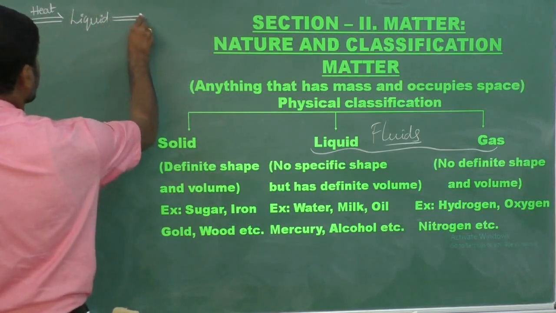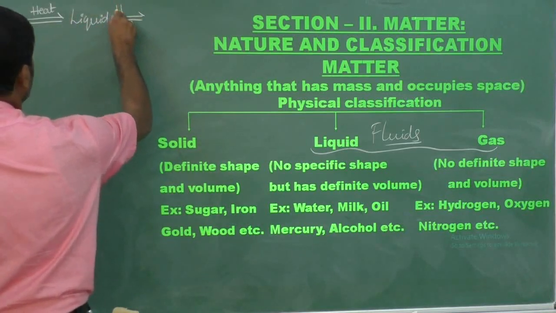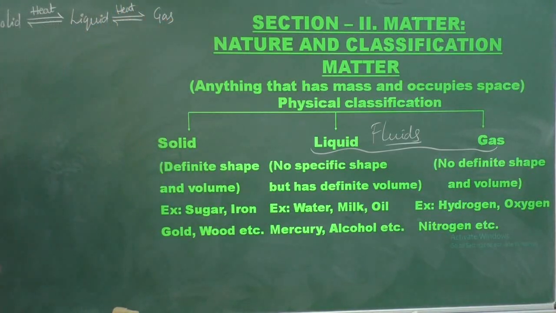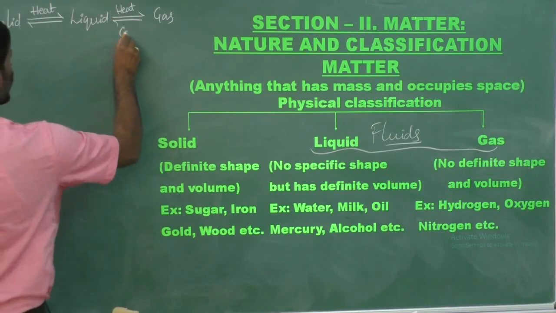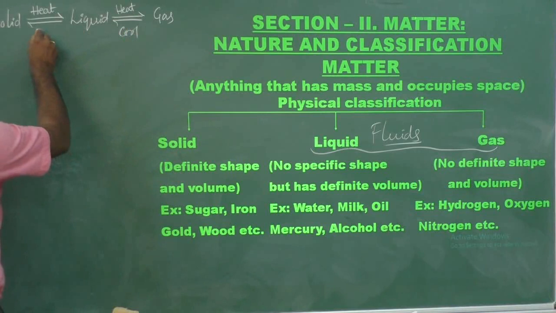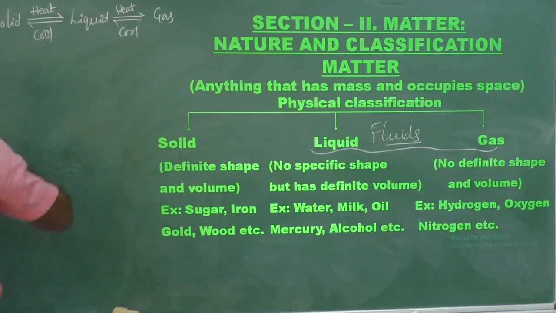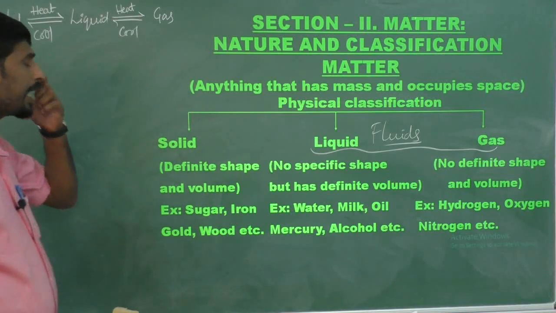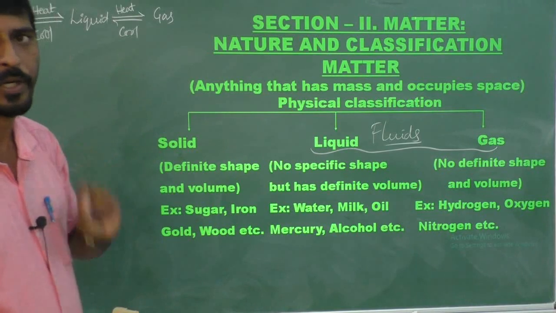Liquid, when it is heated, gets converted into gas. On cooling, gas gets converted into liquid, and liquid gets converted into solid. So all three physical states are interconvertible by changing temperature and pressure.